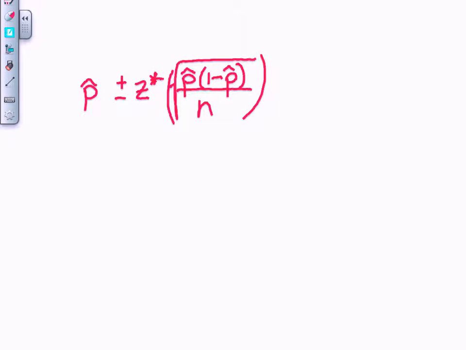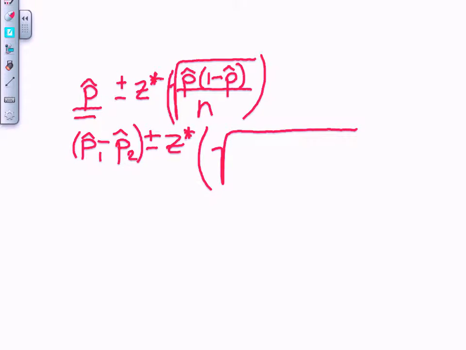So this is what we've been used to in chapter 18. Now our proportion is the difference between two samples, so we'll find it like that. Our critical value is going to be the same, but now our standard deviation is found a little bit differently because you have your two samples.